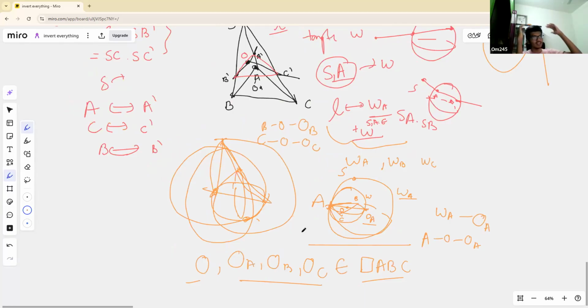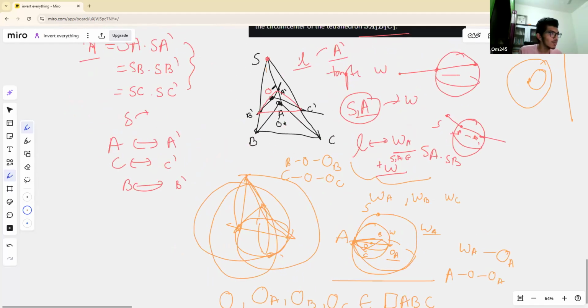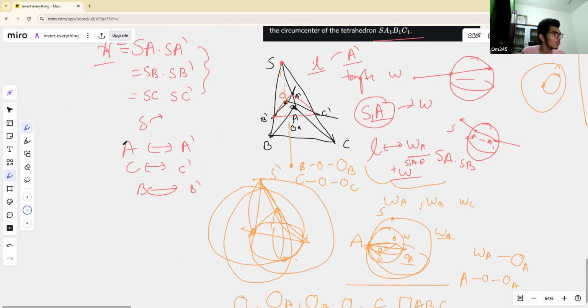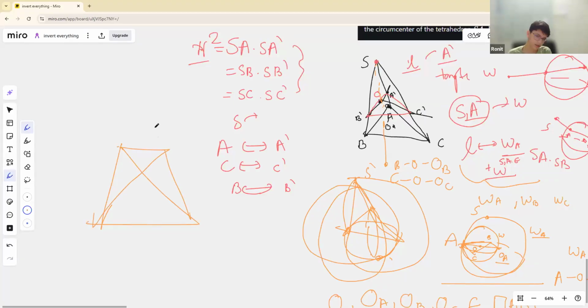So there will be another pole. We have the reflection of S about this plane. So now you consider this reflection of S in the plane, which is S dash. S is not the center of reflection; S is one more point, a tetrahedron point.